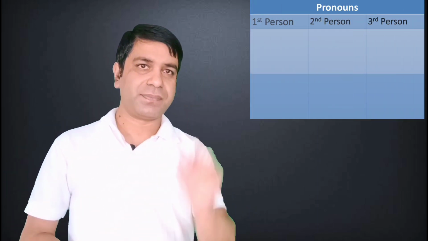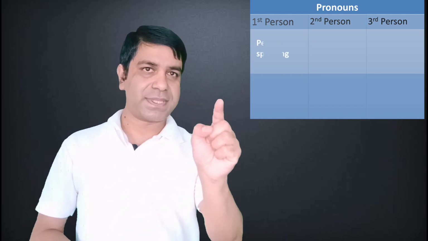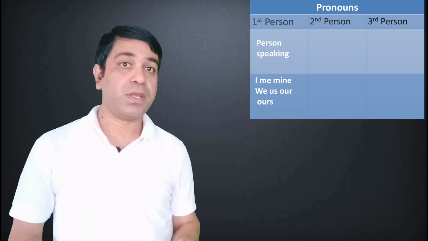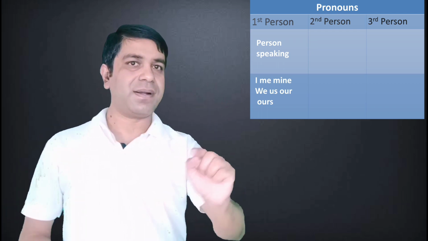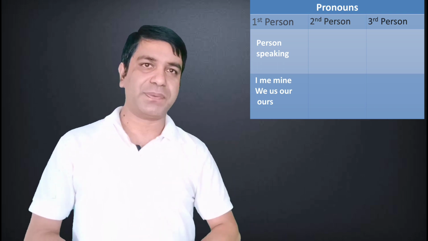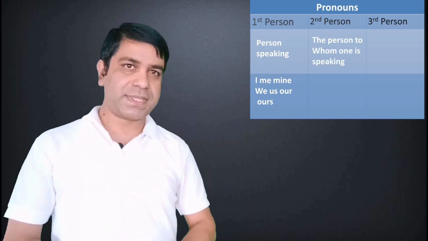Now let us understand them one by one. There are three persons for pronouns. The first person is the person who is speaking. I, me, mine, we, us, our, ours are the examples of first person pronouns. Second person is the person to whom one is speaking.